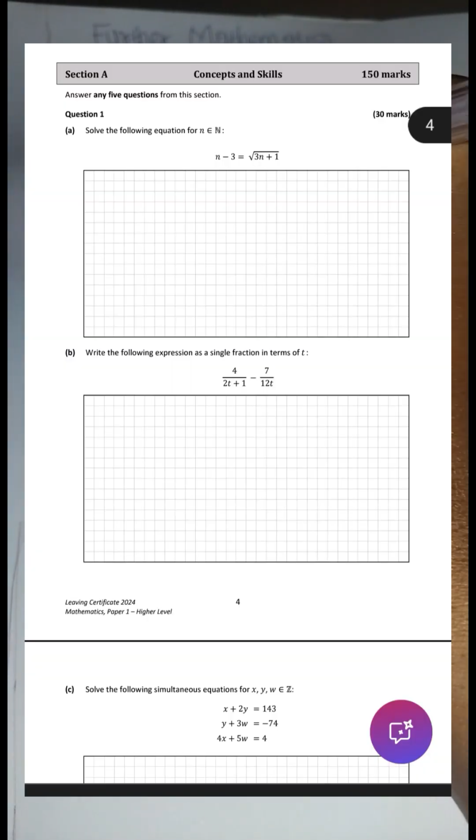So we'll go over to the C part of it. That is 1c. Now we have three equations: x plus 2y is equal to 143, y plus 3w is equal to minus 47, and 4x plus 5w is equal to 4.